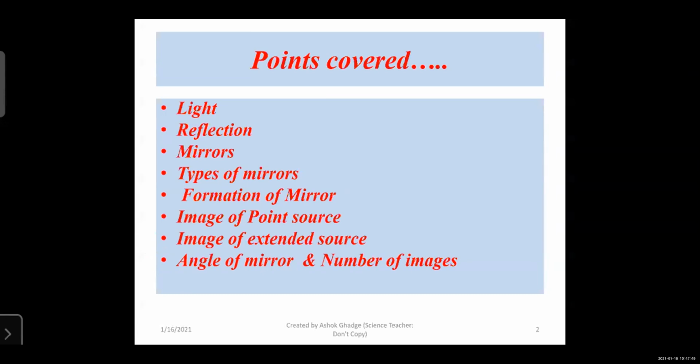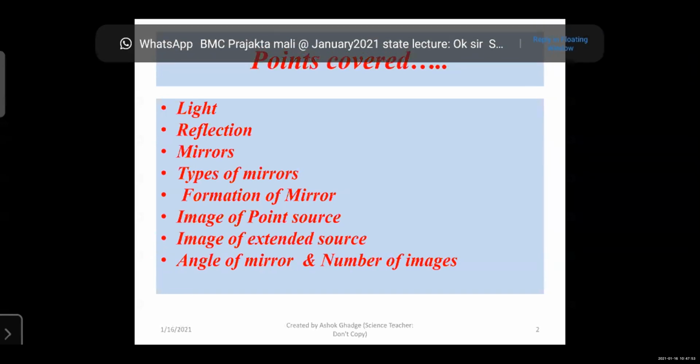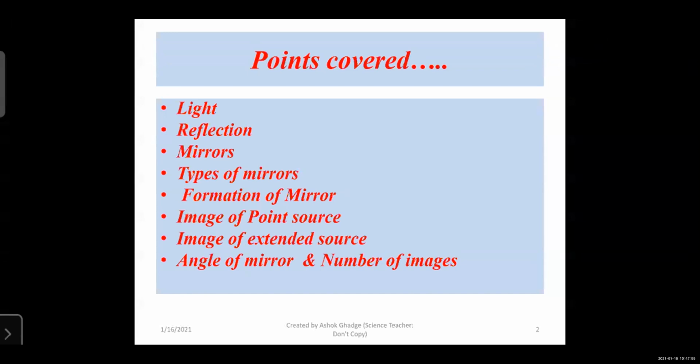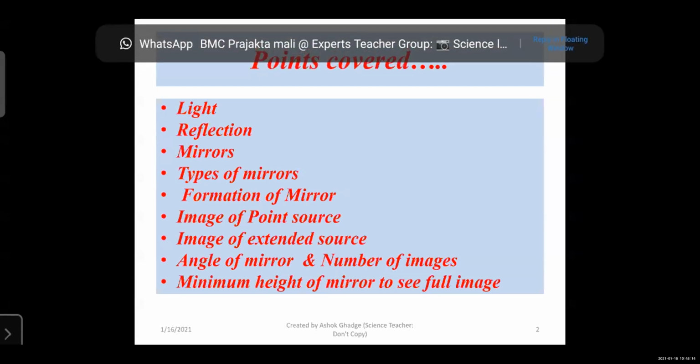We took angles 120, 90, 60, and calculated those angles and the number of images. Then we saw how the minimum height of the mirror can be calculated to see the full image of a person standing in front of the mirror.